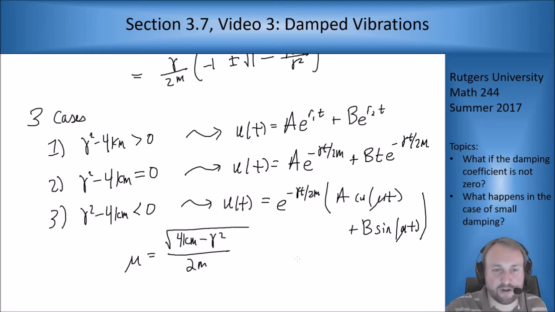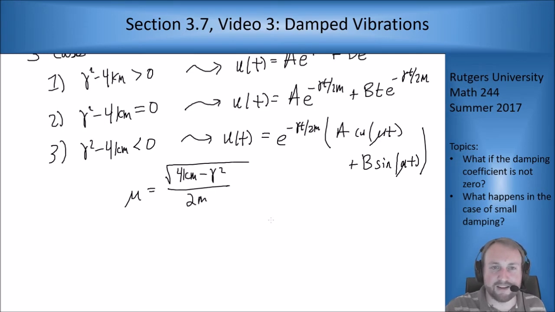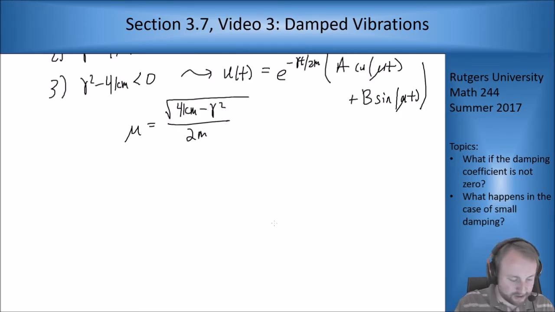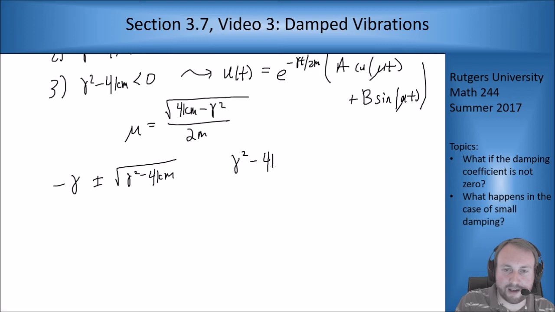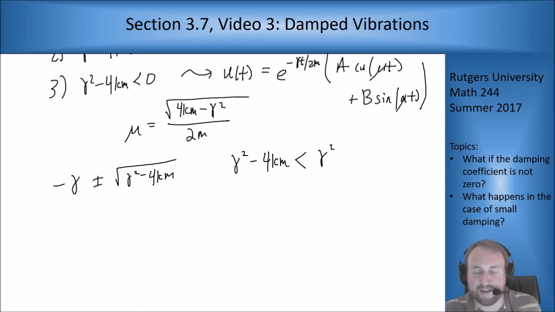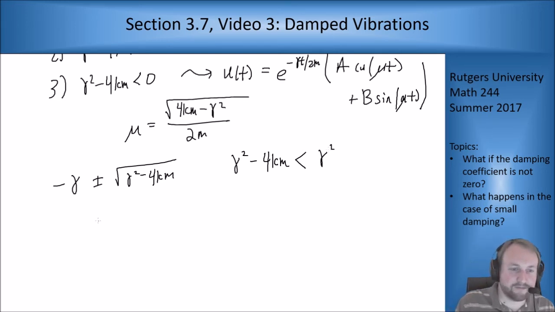Now the main thing to notice from all of this is that all of my constants are positive in this problem. So if I look at the numerator, I have minus gamma plus or minus the square root of gamma squared minus 4km. I know that gamma squared minus 4km is going to be strictly less than gamma squared, because if k and m are both 0, the problem's not interesting at all. So we're strictly less than gamma squared, which means this always has negative real part.